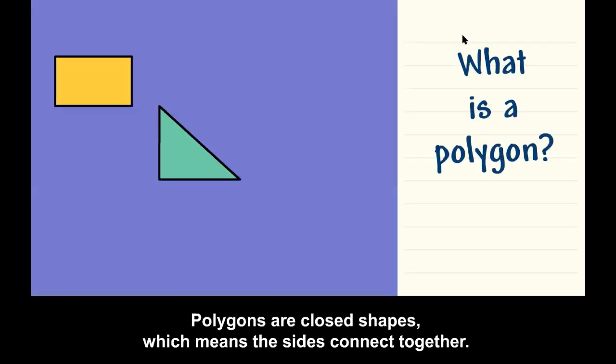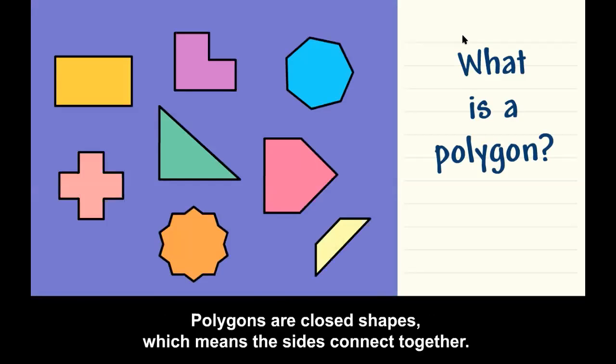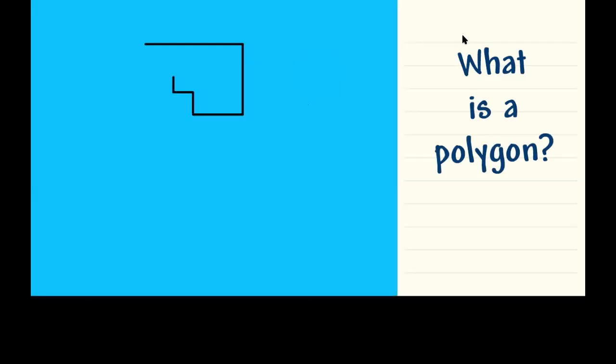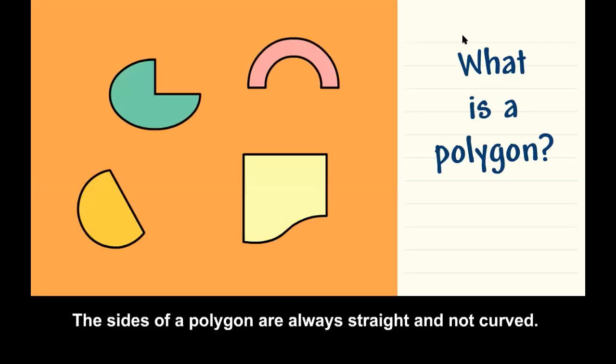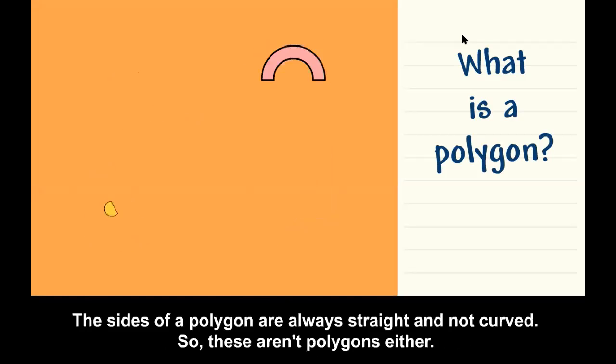Polygons are closed shapes, which means the sides connect together. The sides of these shapes do not connect, so they are not polygons. The sides of a polygon are always straight and not curved, so these aren't polygons either.